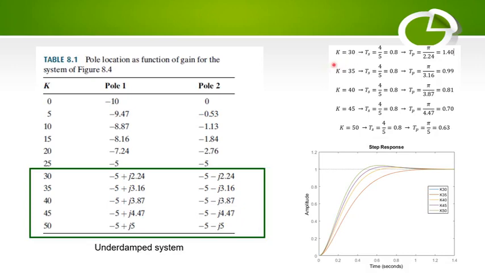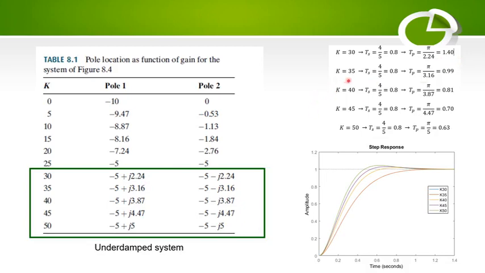When K is equal to 30, the settling time is 4 over 5, where 5 is the real part of the closed loop poles. You will get 0.8, and the peak time is pi over 2.24, which is the imaginary value of the complex pole, and you will get 1.4.